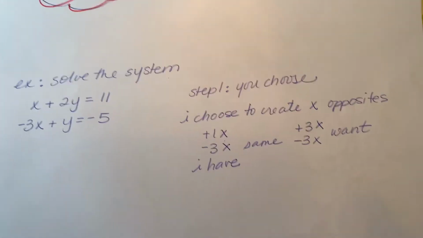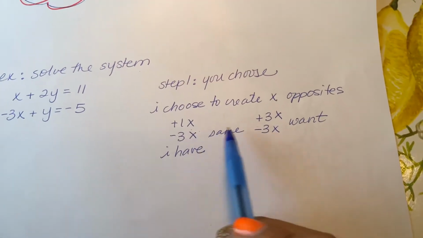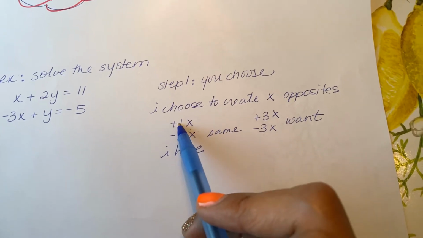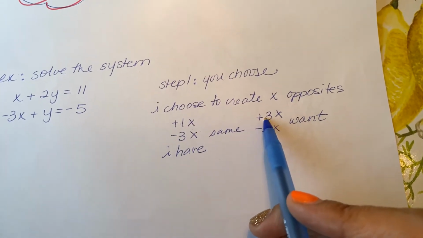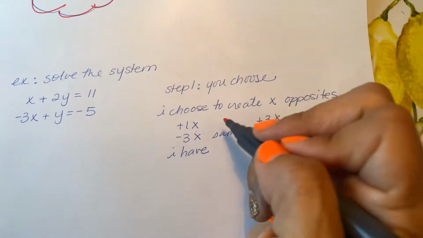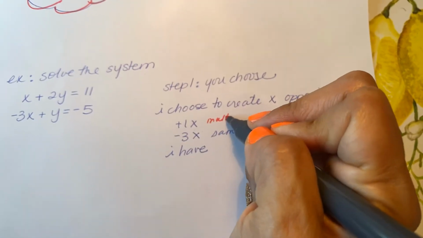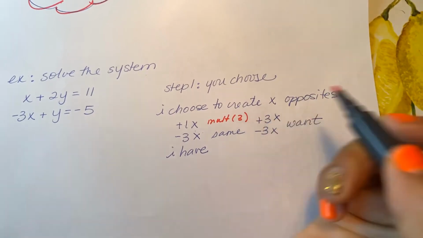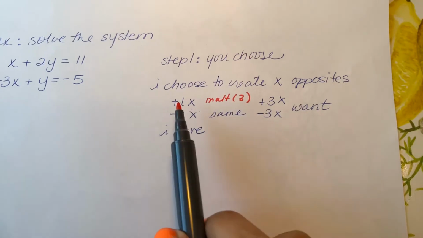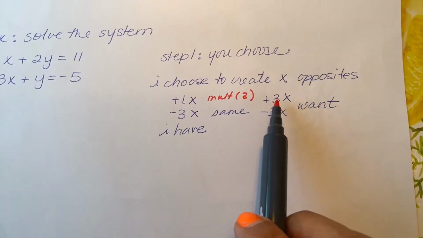I didn't have to alter this. But the top term, the x, how do I make +1 become +3? Well, you would multiply by a positive 3, and that would make a positive 1 times 3 give me 3x.